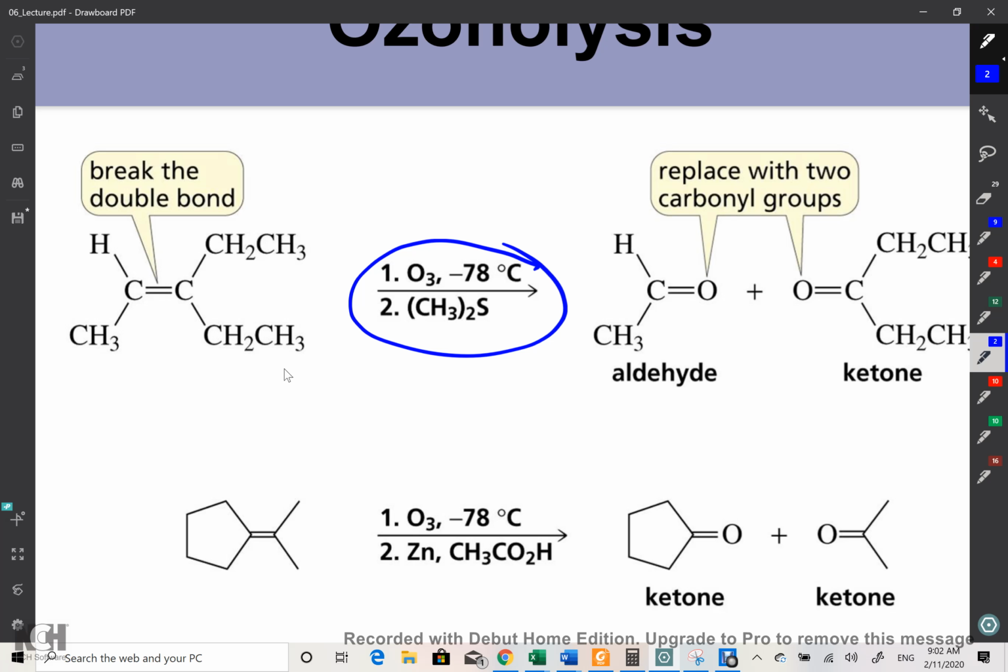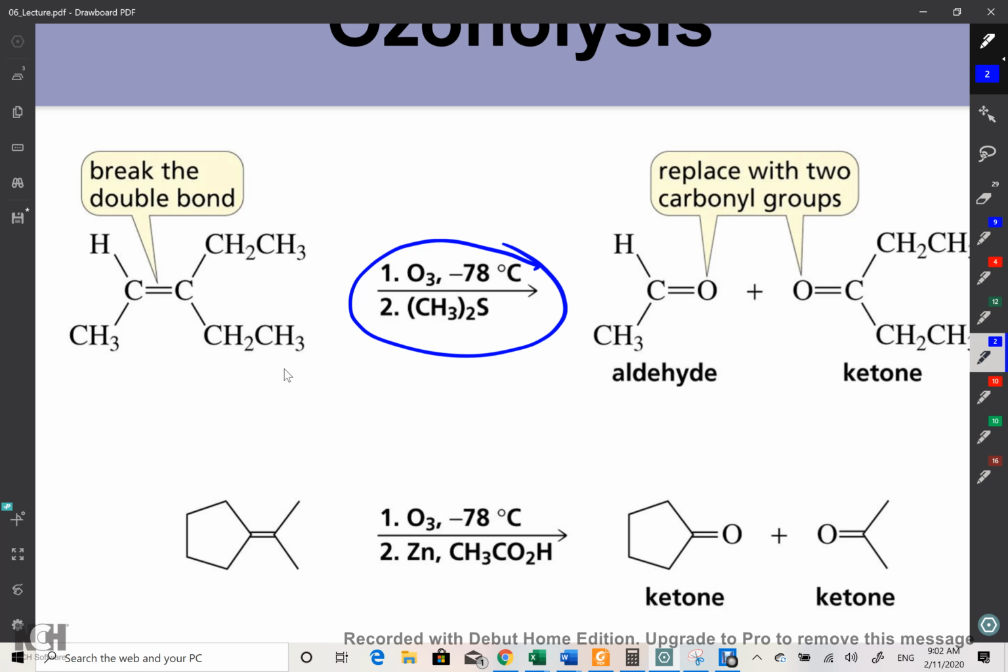You are simply breaking this double bond into 2, slicing the double bond, and capping each end with oxygen. This product will be an aldehyde because you have a carbon double bond oxygen with a hydrogen. The other end ends up being a ketone because the carbonyl is surrounded by 2 carbons. Does that make sense?